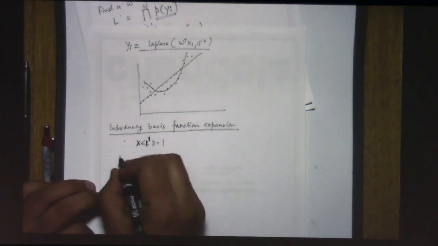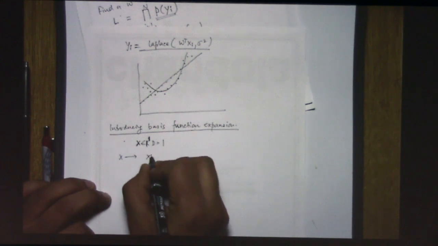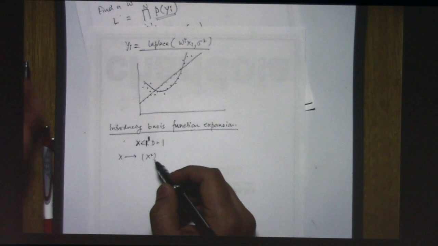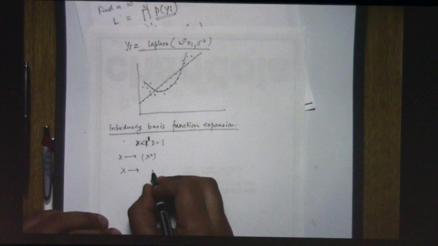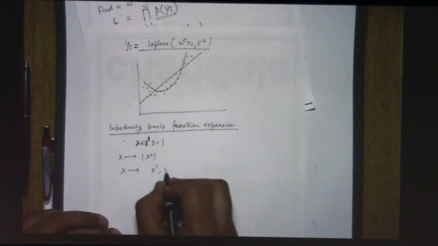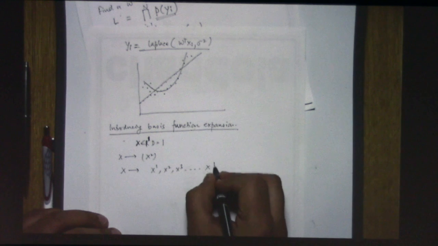Now, if instead of x I use x square, if I replace x by x square, that is called a basis function expansion. Here we are not expanding, but what we can do is replace x by x to the power 1, x to the power 2, x to the power 3, up to x to the power p.